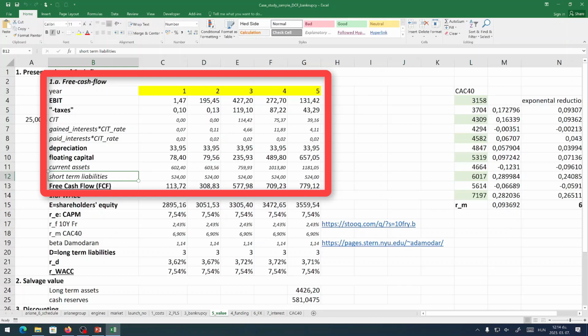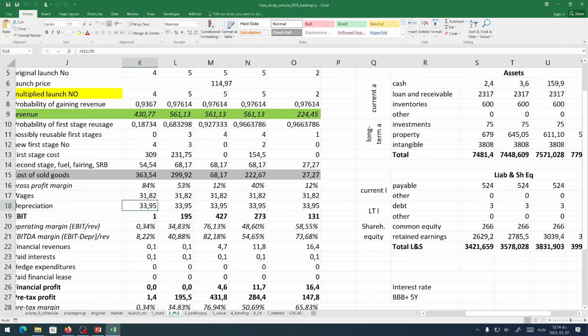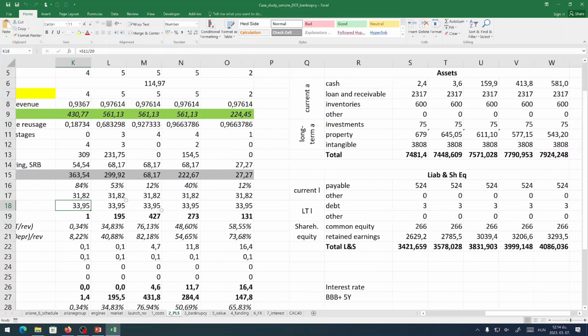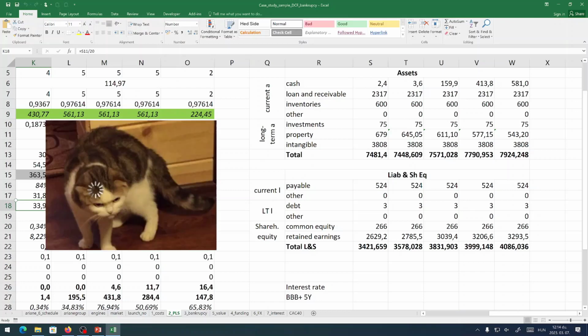In the case of this simulation, this is the hardest thing, because yes, we have some kind of balance sheet, so that's why we can say what the current liabilities are.